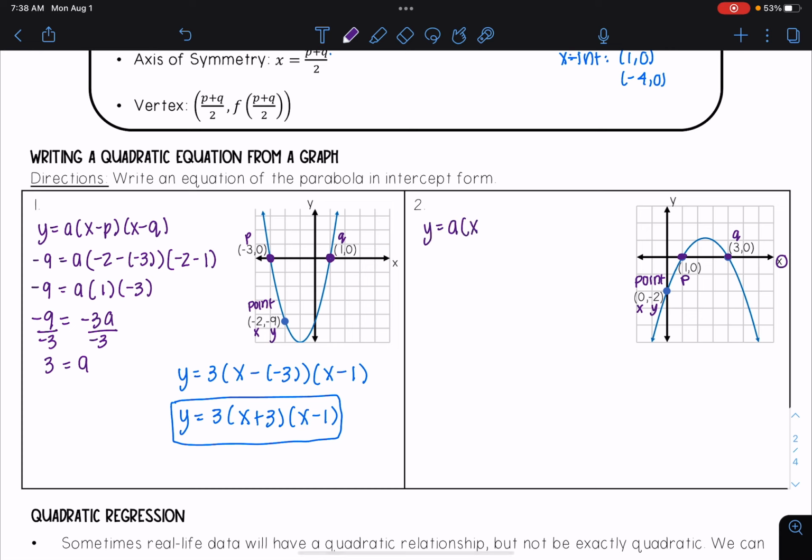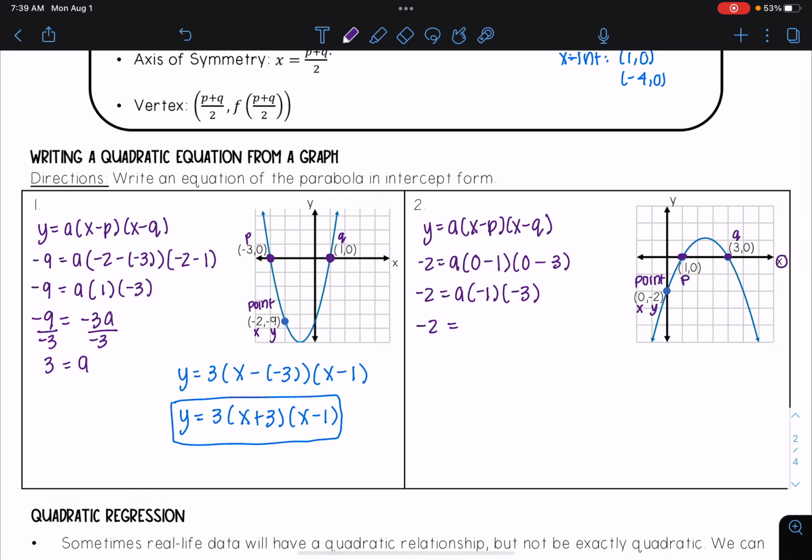So I'm going to plug that into my intercept form so that we can find what a is equal to. So here I have y, which is -2, is equal to a times x, which is 0, minus p, which is 1, times x, which is 0, minus q, which is 3. 0 minus 1 is -1. 0 minus 3 is -3.